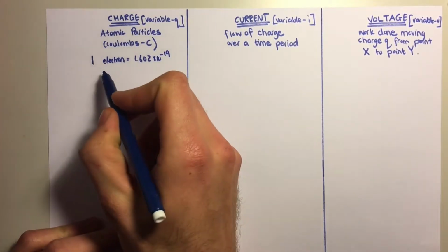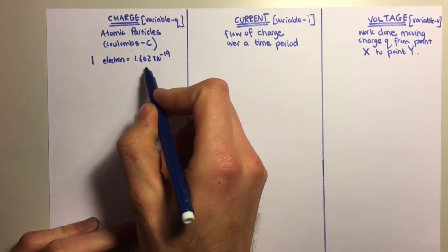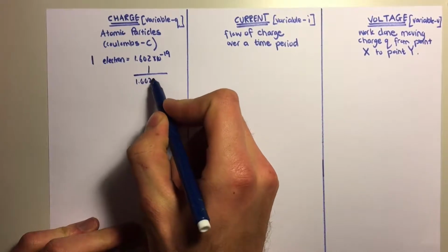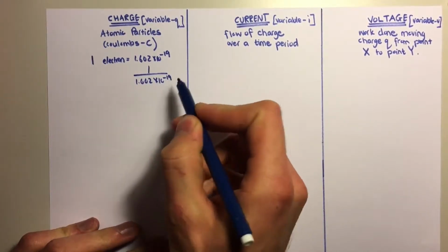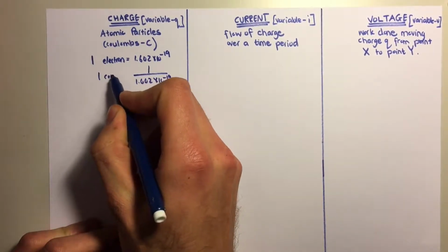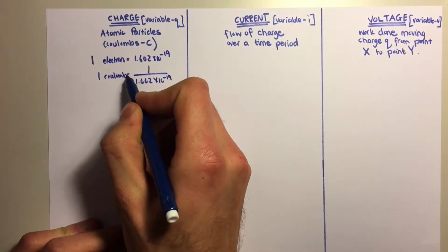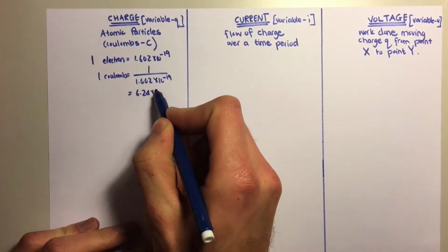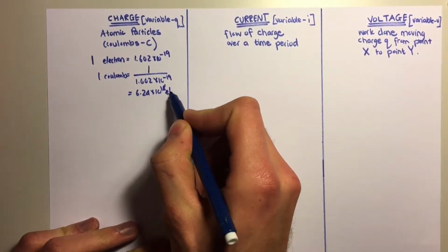The number of electrons within 1 coulomb is just 1 coulomb divided by that magnitude, which will give us the number of these within 1 coulomb. So 1 coulomb is equal to 6.24 times 10 to the 18 electrons.